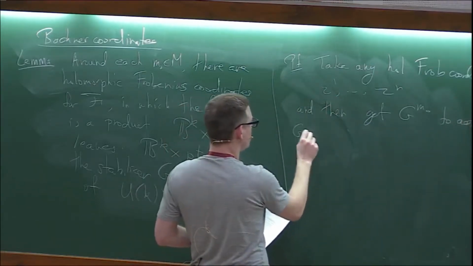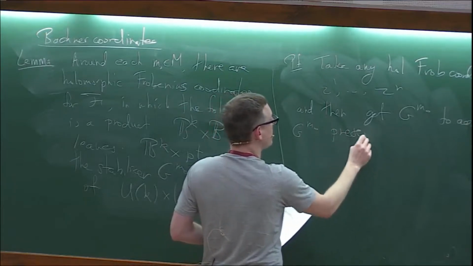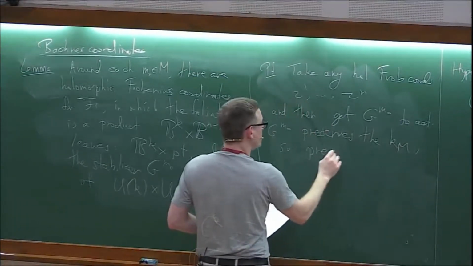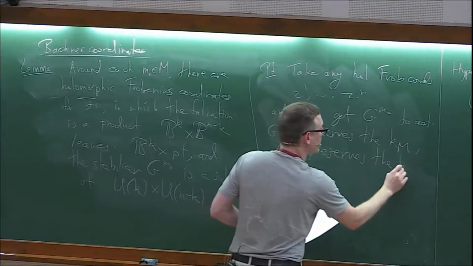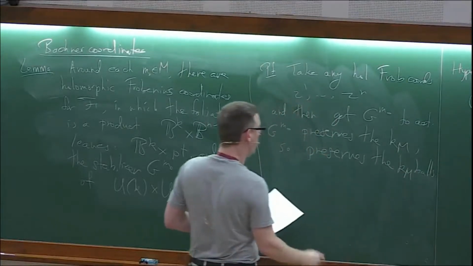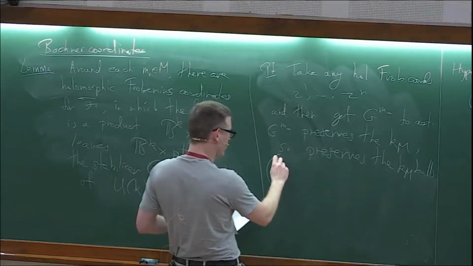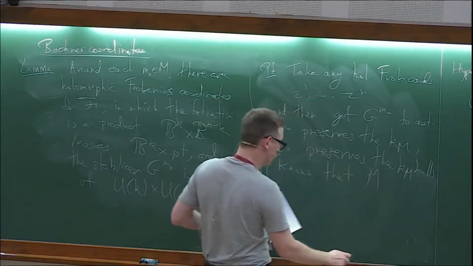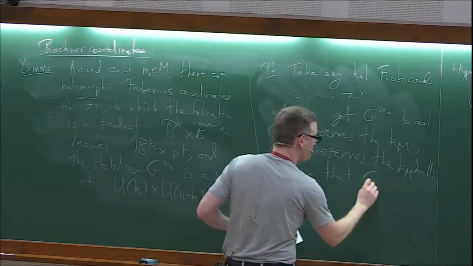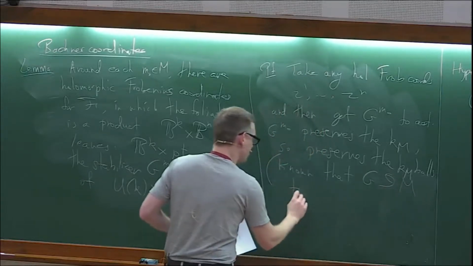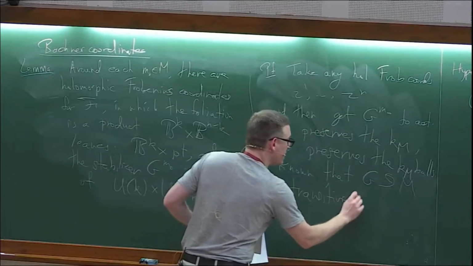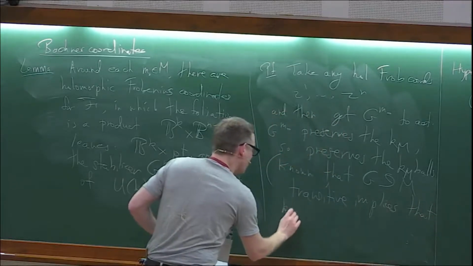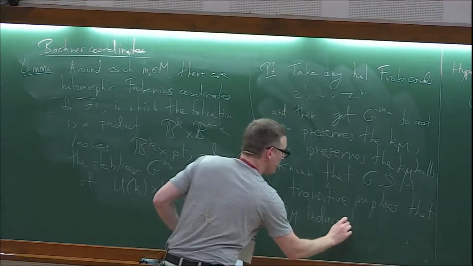We have to note that G_m0 preserves the Kobayashi metric, so preserves the Kobayashi metric balls, and we need to know some result, which I don't even have in my notes here, that it's known that the fact that G acts transitively implies that the Kobayashi metric induces the standard topology.